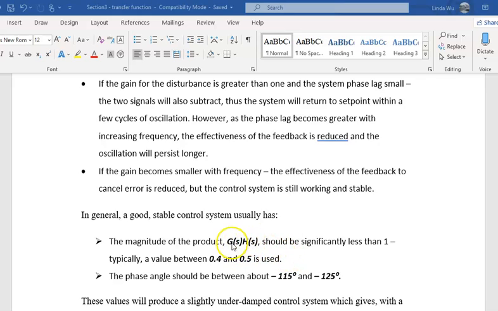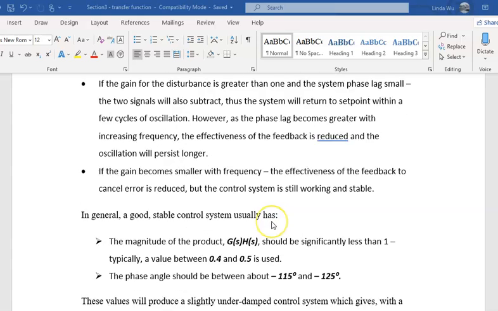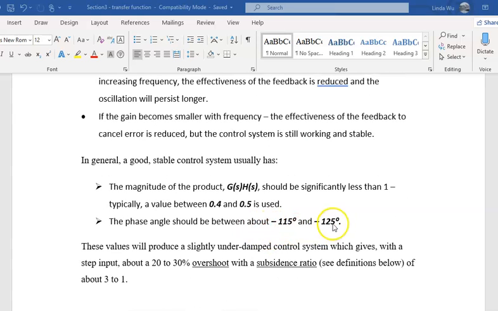These 2 are the product of the forward path times the feedback path, which is 0.4 to 0.5, so we want less than 1. And then the phase angle is between these 2 values. Remember here is negative 180 degrees, but actually we want it to have this range of values.